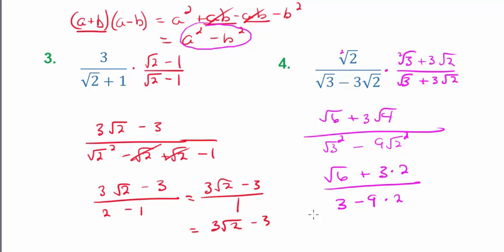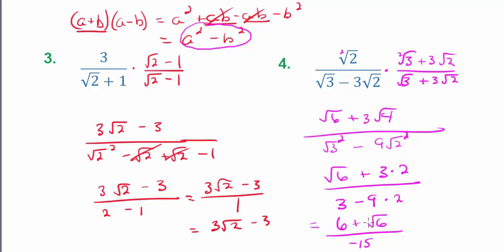From here I can go ahead and rewrite and simplify. I'm going to write the irrational part in my numerator second just because I tend to prefer that. However, it's not really necessary. So I'm going to put 6 plus the square root of 6 over, and then I have 3 minus 9 times 2, which is 3 minus 18, which is negative 15.